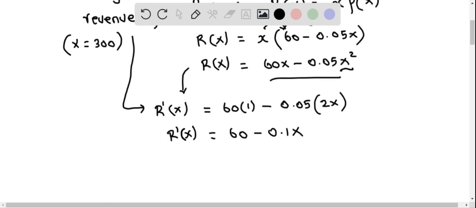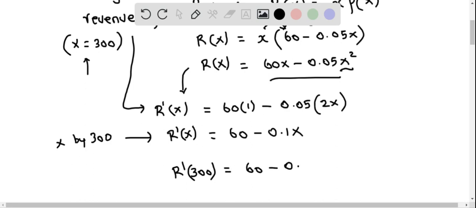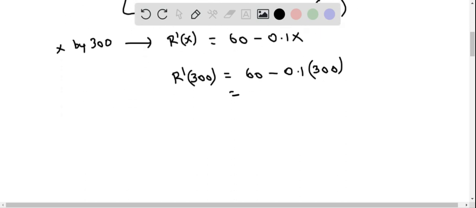Now we have to calculate this marginal revenue at a production level of x equal to 300. So we just replace x by 300. This gives R prime of 300, which equals 60 minus 0.1 times 300. 0.1 times 300 equals 30, so this becomes 60 minus 30, which is 30.